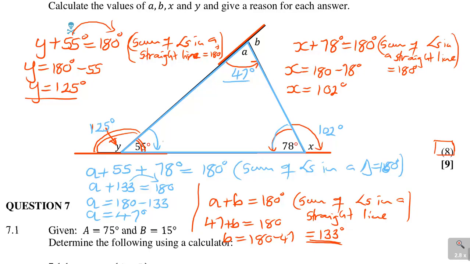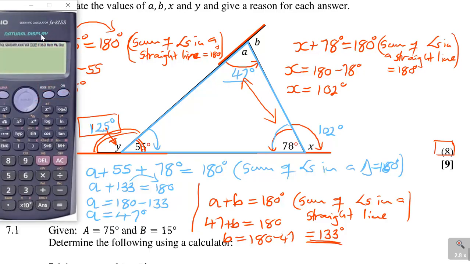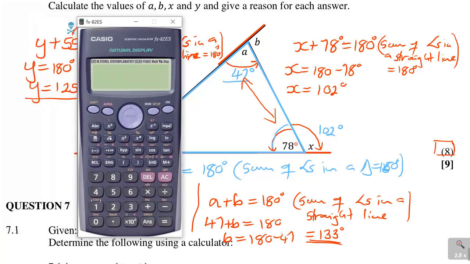So this is how I could have approached it. There are different ways I could have approached it. Also, if I wanted to find, there is the concept which says the exterior angle, this 125, is equal to this sum. If I say 125 is the same as 47 plus 78, let's try it. The exterior angle of a triangle is equal to the sum of the opposite interior angles.